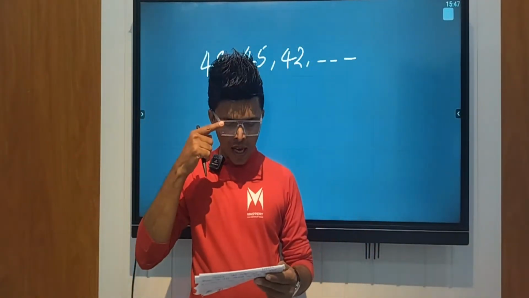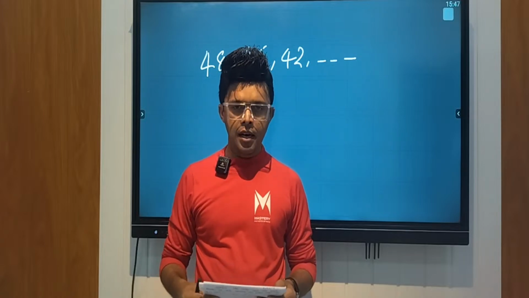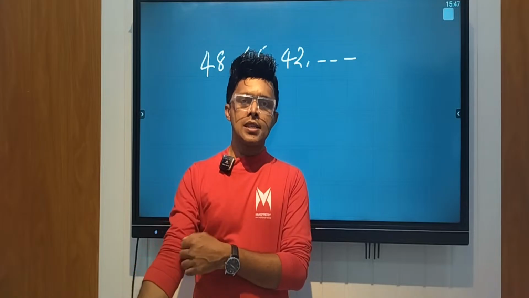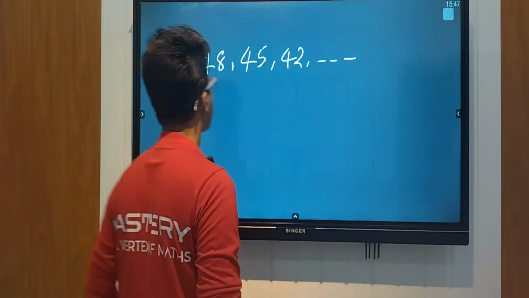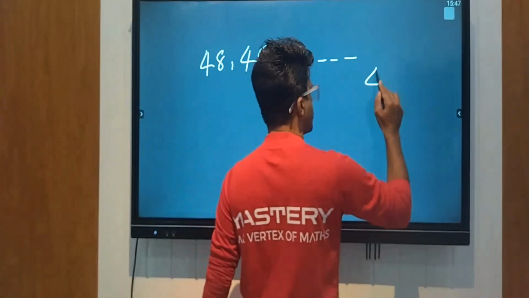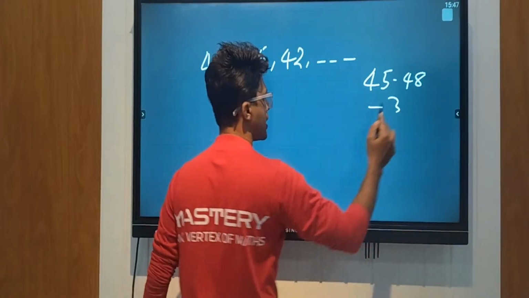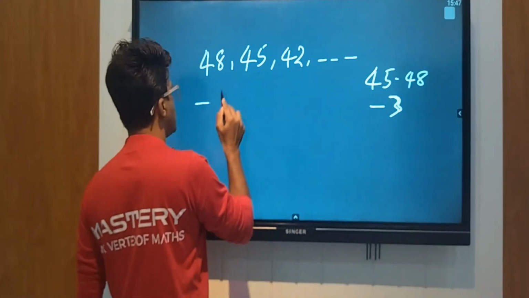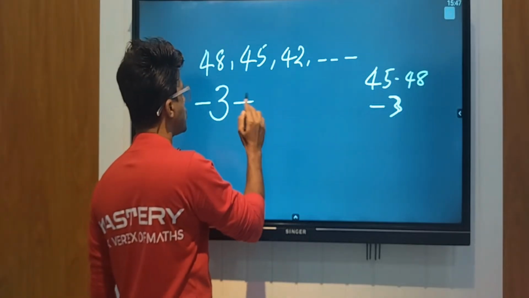Yes, what is the answer? Have you got the general term of this number pattern in terms of n? First take the common difference here, 45 minus 48, which is minus 3. So you have to write minus 3, and after that you cannot write 48.